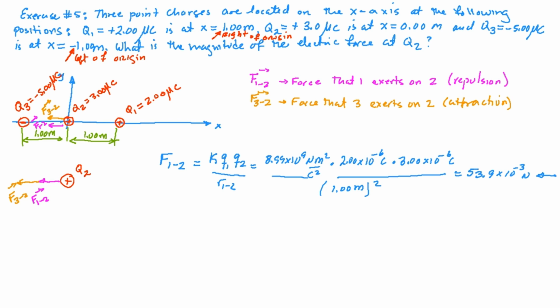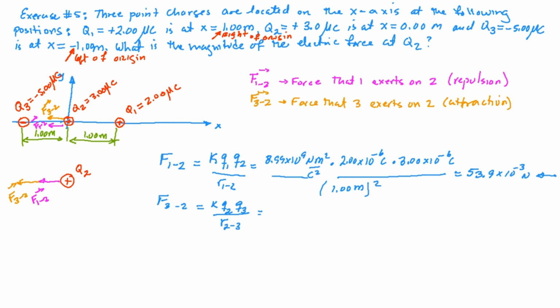Now we calculate the force that 3 exerts on 2. Now we have to change the charges and the distance. So this force would be K times Q sub 2 times Q sub 3 over the distance from 2 to 3. The distance from 2 to 3 and the distance from 1 to 2 is exactly the same, so basically what is different here is the magnitude of the charges.